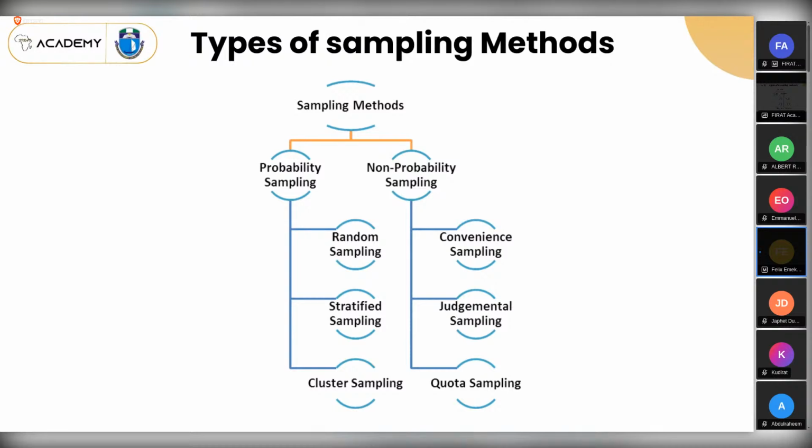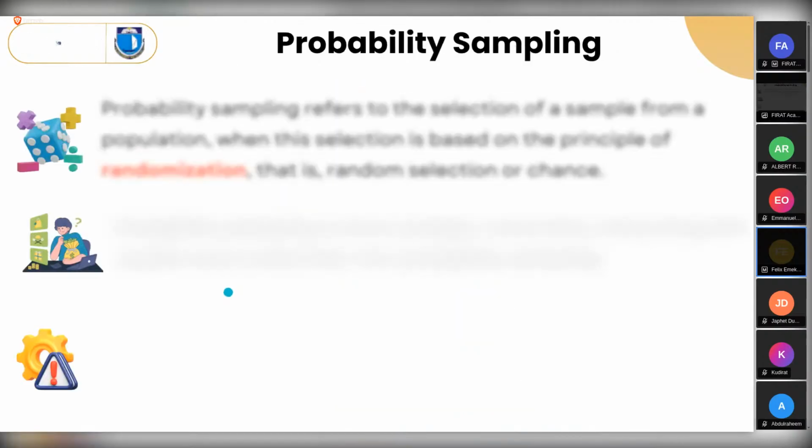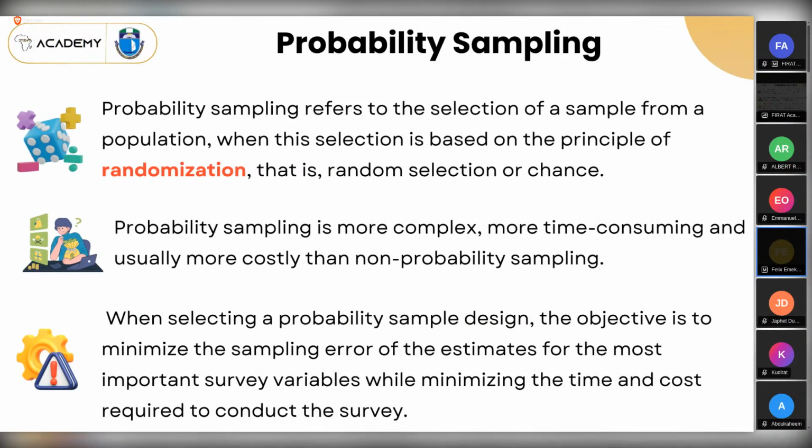So let's look at them individually. So for the probability sampling, it has a form of randomization. All right, randomization in the sense that you give every eligible participant the possibility of being selected.